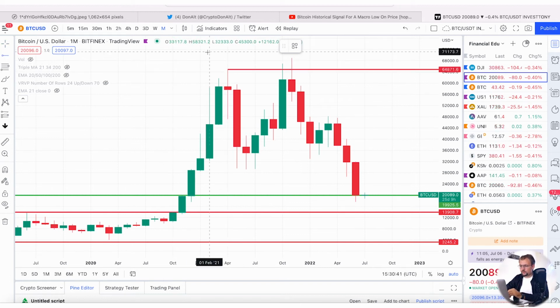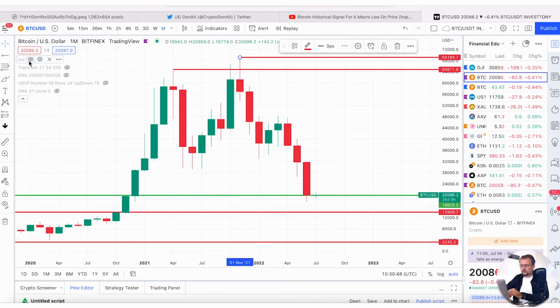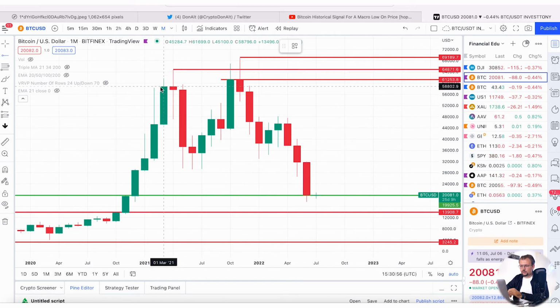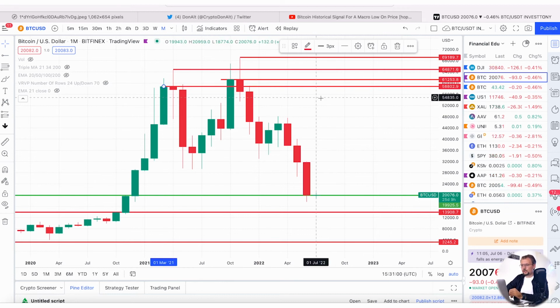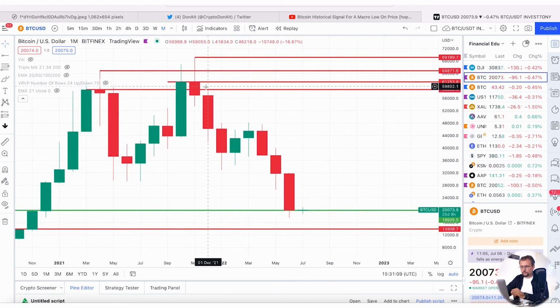And of course the second important level would be the all-time high at around 69,000 as well. I would draw a line of the opening and the closing of the candle 69, and the closing and the opening of the previous candles at 58. But it's getting a little messy, a little bit too quick. We see that there is this line, there is this line, and this line, by the way, has some importance here.